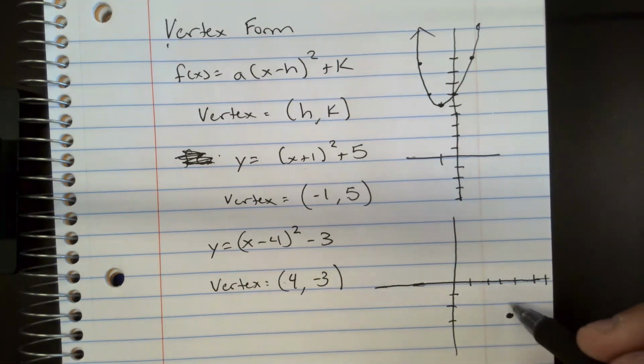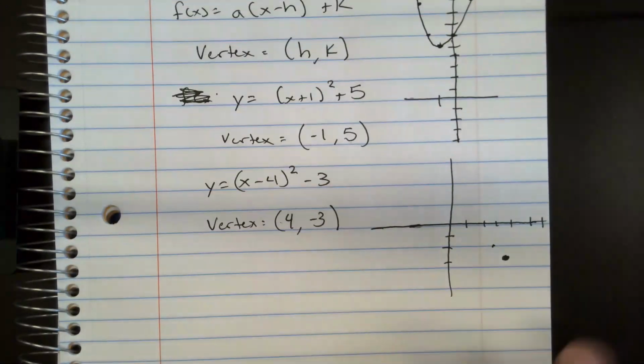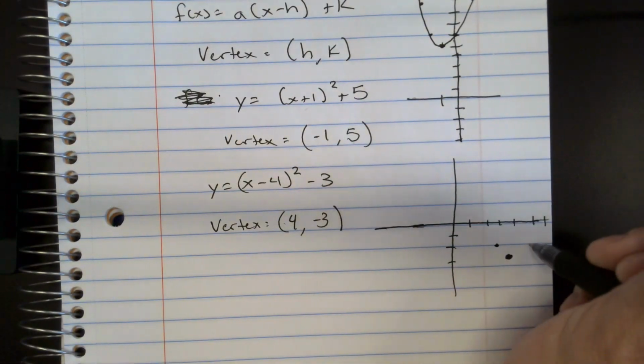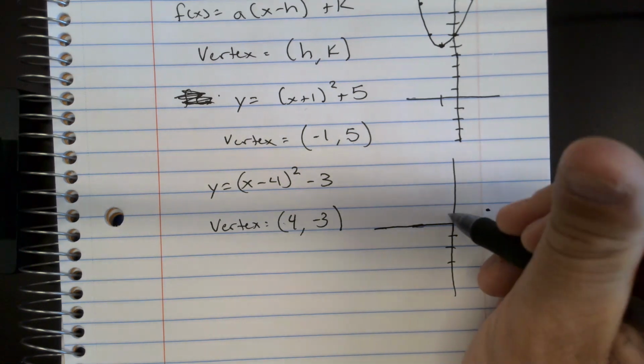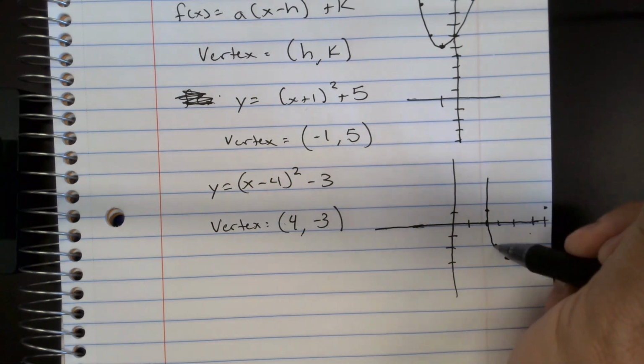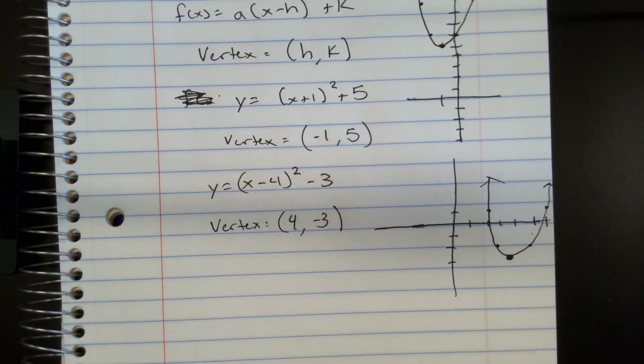Luckily for us, that doesn't matter because we're just going to go, what's A in this one? 1. So we're going to go up 1 over 1, and then up 3 over 1. And there's your parabola. Okay? Any questions on how to identify what the vertex is in vertex form? Okay, good.